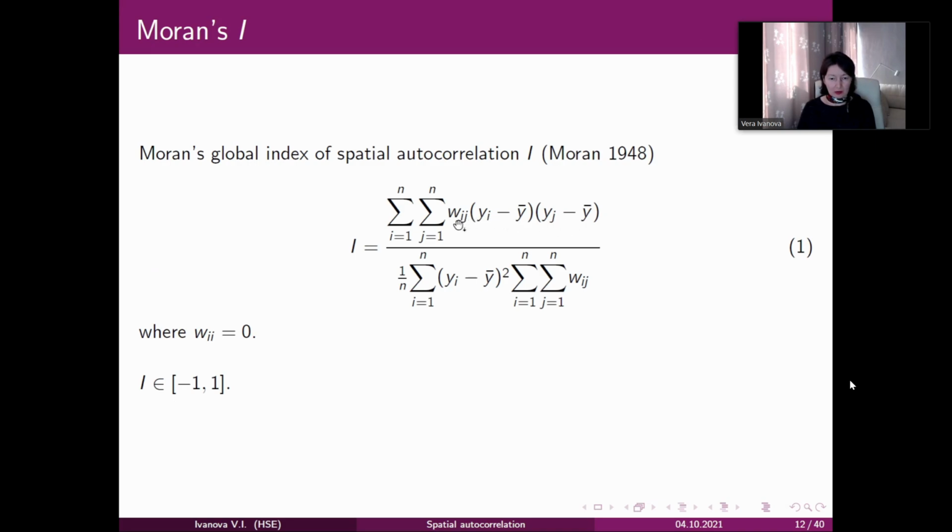And we use spatial weights indicating spatial interdependence between neighbors. The index varies from -1 to 1, and 1 is the case of positive spatial autocorrelation, and -1 is negative spatial autocorrelation.